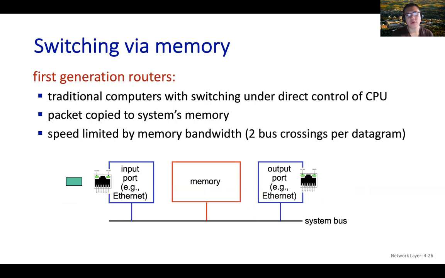First generation routers were traditional computers with switching under the direct control of the CPU. You just use memory and a CPU here. The packet is copied to the system's memory, you save it in the memory, and then you know which is the output port based on the table saved in the memory.